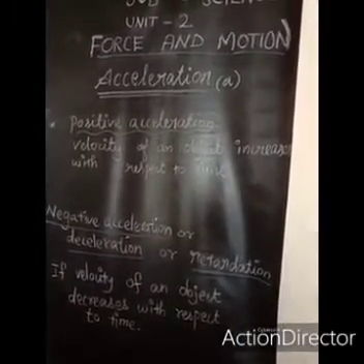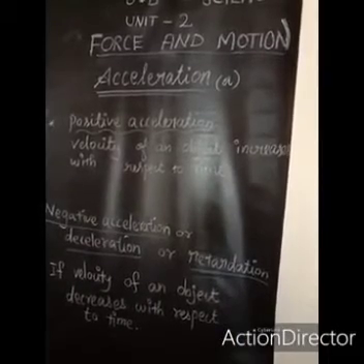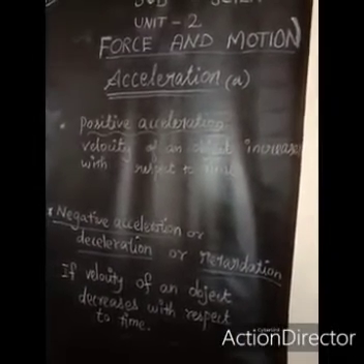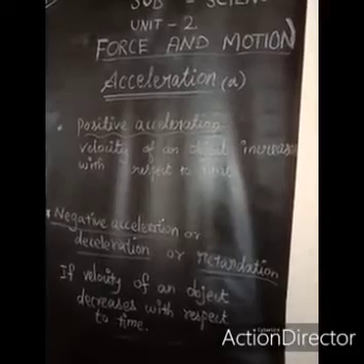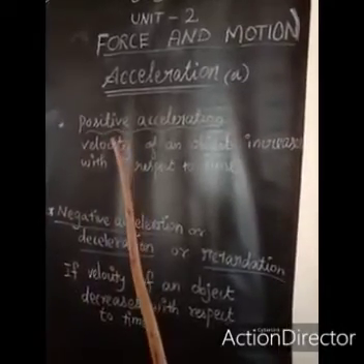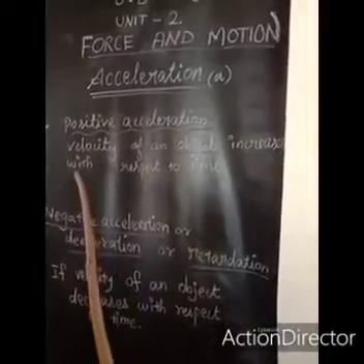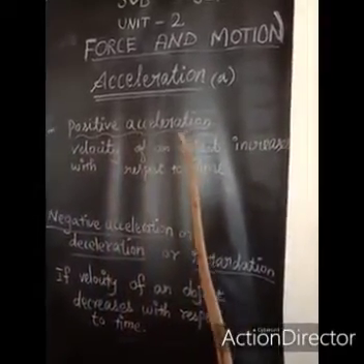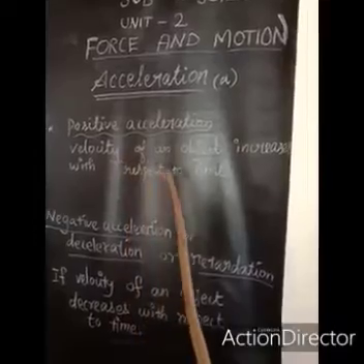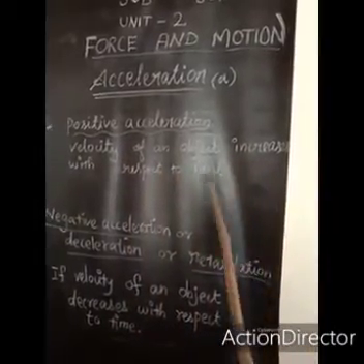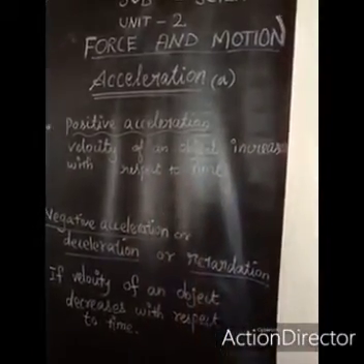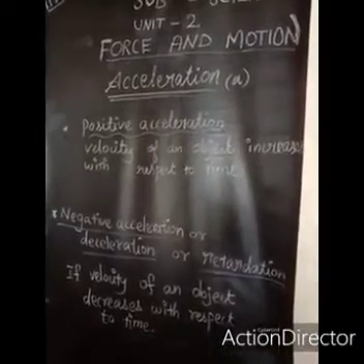Rate of change of velocity may be increasing or decreasing in some cases, so based on that we classify into positive and negative acceleration. What is positive acceleration? If velocity of an object increases with respect to time, it is said to be positive acceleration.